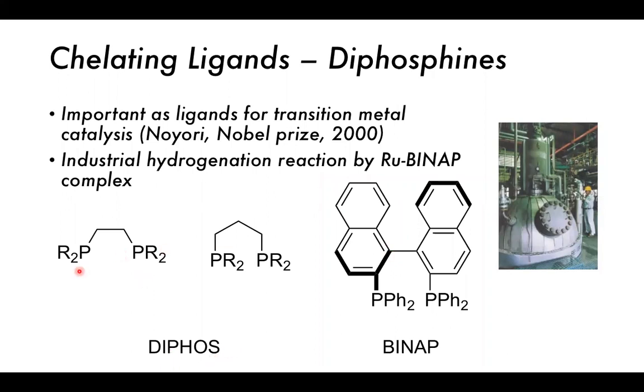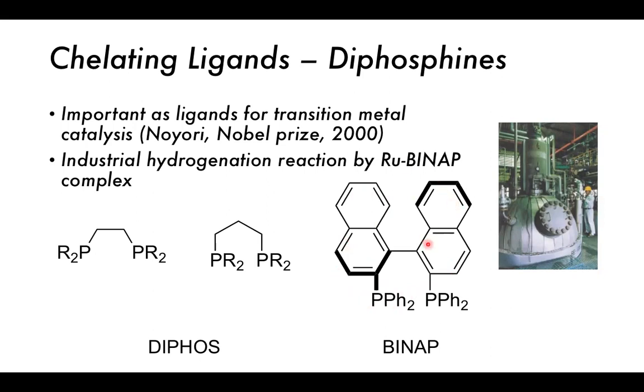So we have diphos here, and then we have BINAP, which is a very common ligand. It's not totally planar. One side points towards us and one side points away, so the phosphorus atoms are slightly displaced in space.